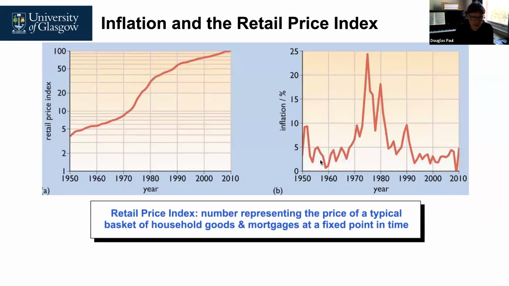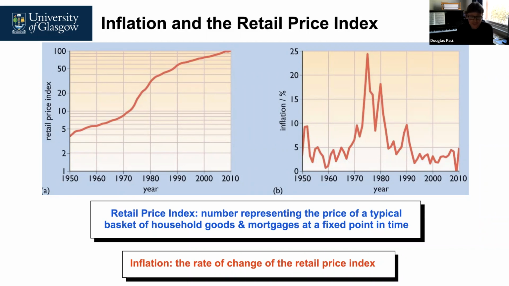So on the left graph here, we have the retail price index, and that's the number represented, the price of a typical basket of household goods and mortgages at a fixed point in time. So each country will have a retail price index. It's the rate of change of that that actually determines inflation. And it's a typical basket, or if you like it, it's the cost of living. So that's going to include rental prices for properties. It's going to include fuel prices.